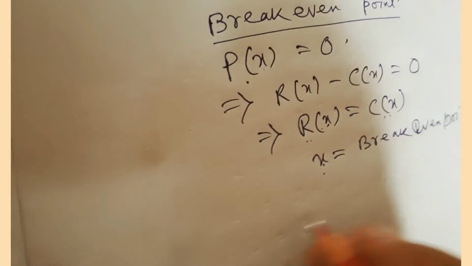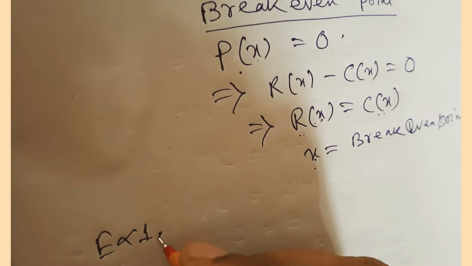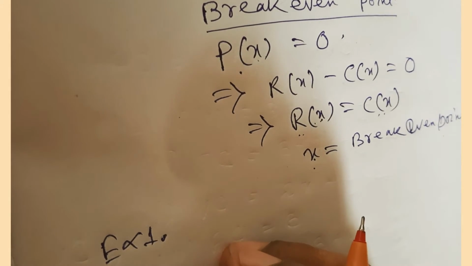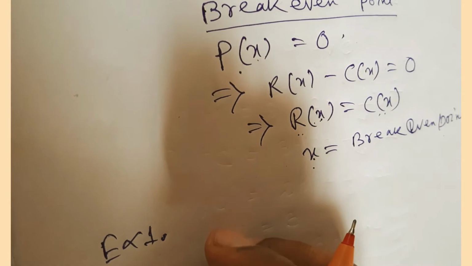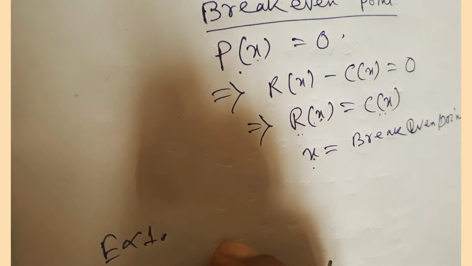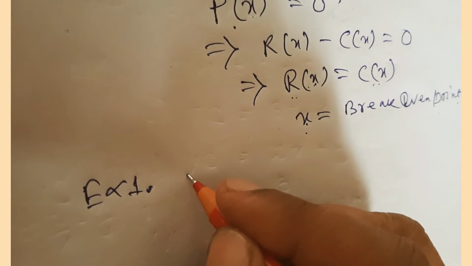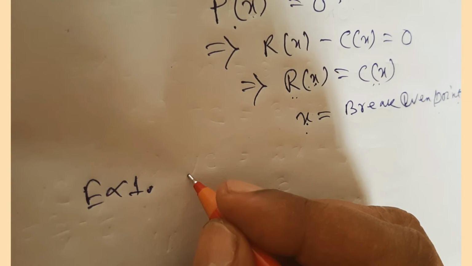Now I give you one example. Example number 1. What is the question? A television manufacturer finds that the total cost of the production and marketing of x number of television sets is given.